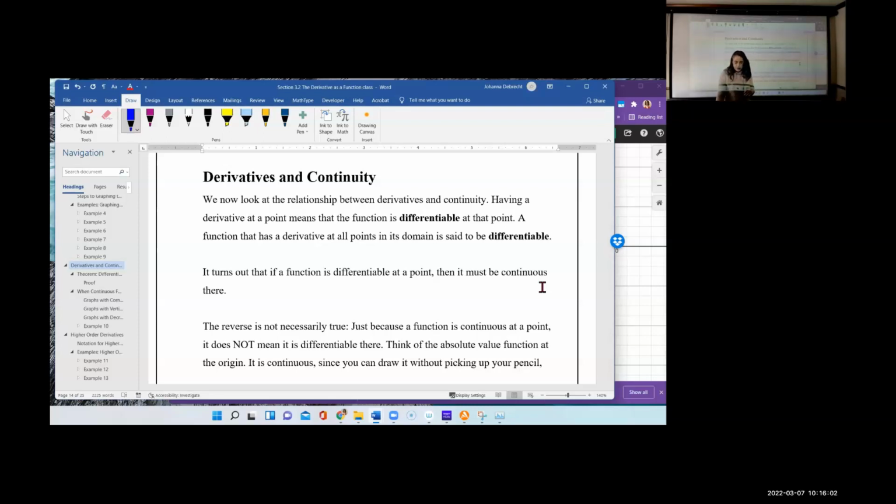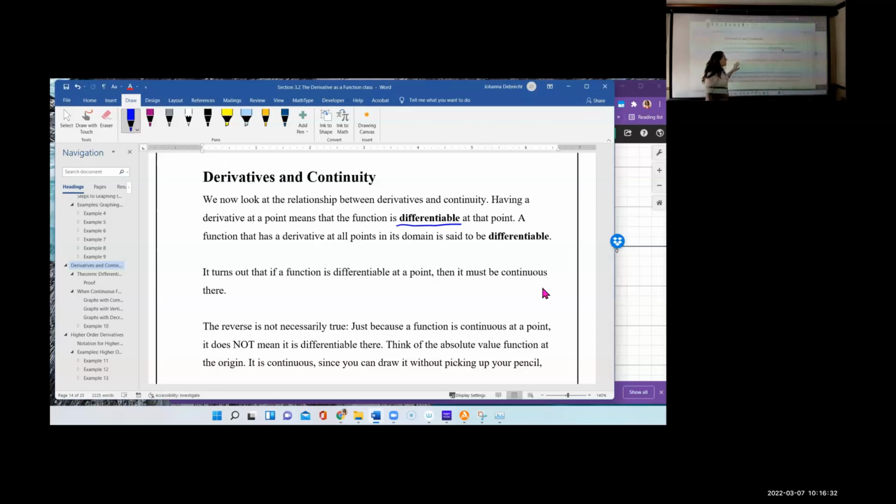Okay, let's talk about derivatives and continuity. We want to know when the derivative is continuous and when it's not. And when the function is continuous, does that guarantee that we have a derivative? If you have a derivative, we call that being differentiable. So if the derivative exists at a point, then we say the function is differentiable there.